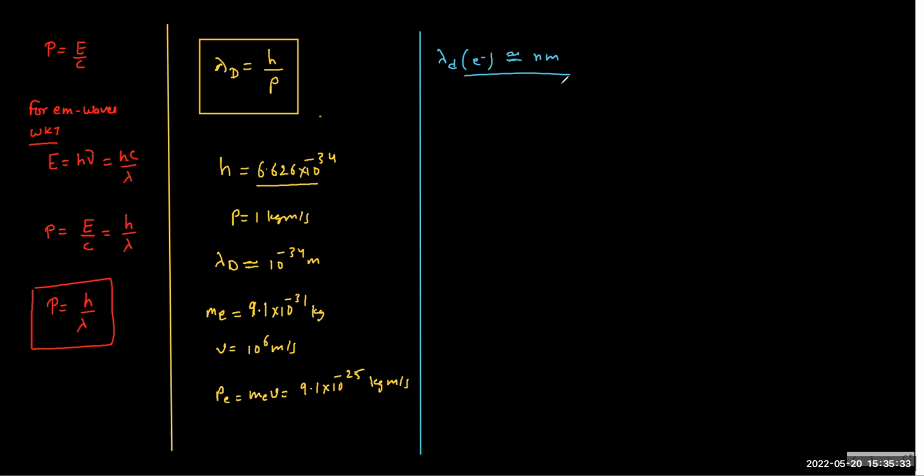And our visible light is also in that range, right? Yes. So we can say that this kind of wavelength is perceptible, or detectable. And therefore, the wave-like property has been shown by these particles.